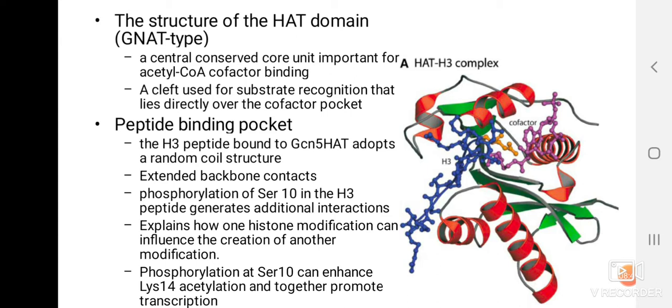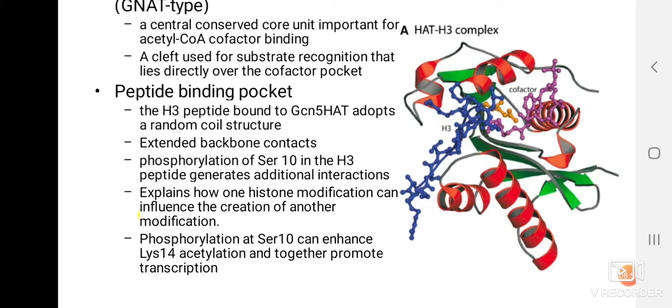In the peptide binding pocket, the H3 peptide bound to the GNAT GCN5 HAT adopts a random coil structure and extends the backbone. The extended backbone contacts this coil structure. You can see there in blue the H3 tail, which interacts with the HAT.